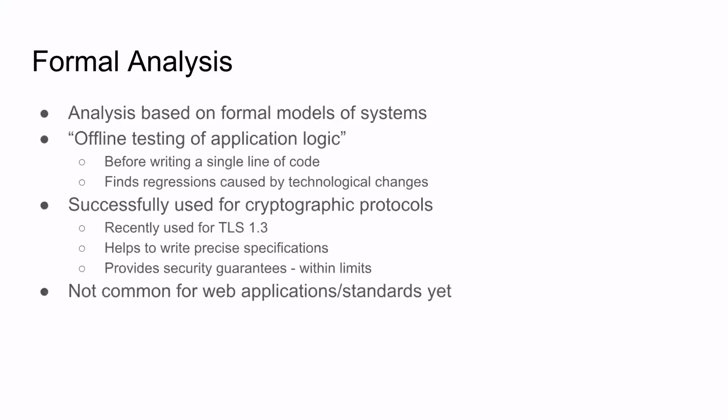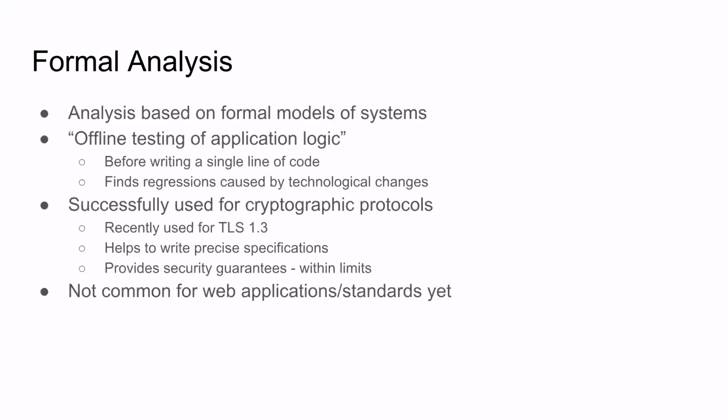So essentially, you can do offline testing of your application logic, or in the case of OAuth, of your standard, of the logic that is built into the standard. You can do that before even writing a single line of code. So it's not static analysis, it's not dynamic analysis, it's analyzing the logic behind the application.